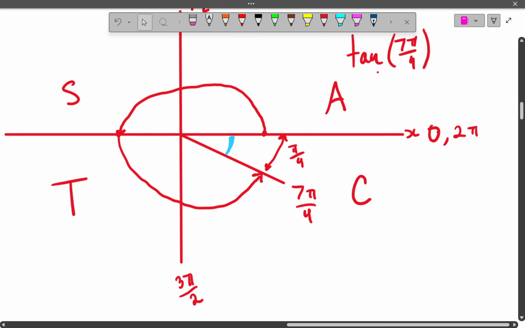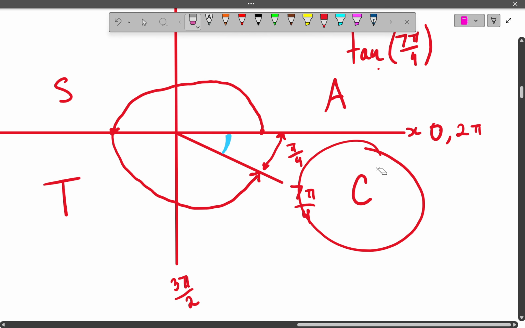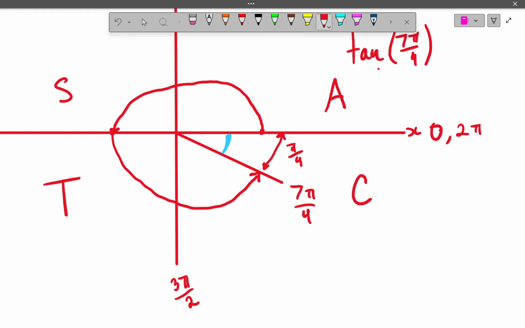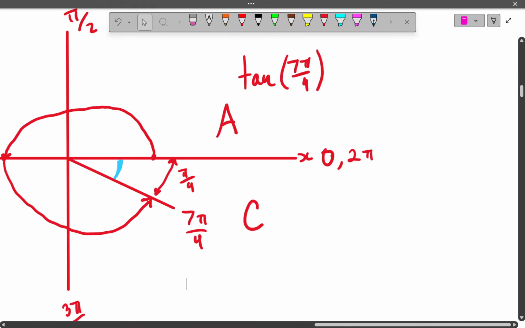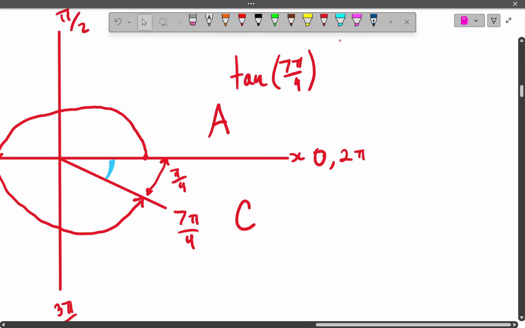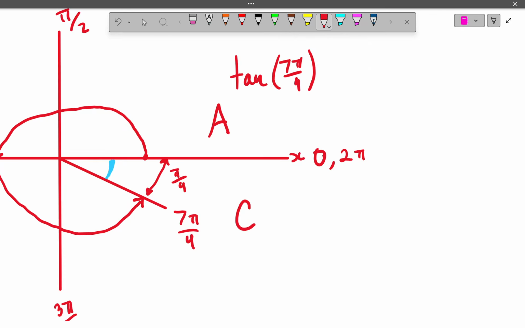So where we are here in this quadrant, we're told that cosine is positive. Or in other words, tangent here is going to be negative. So I'm going to get a negative answer, and I'm going to be using tangent of pi over 4 as my answer.